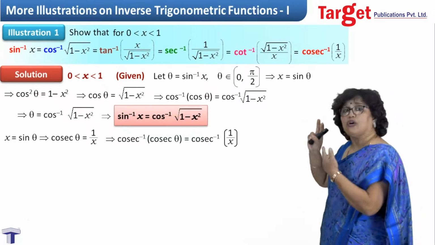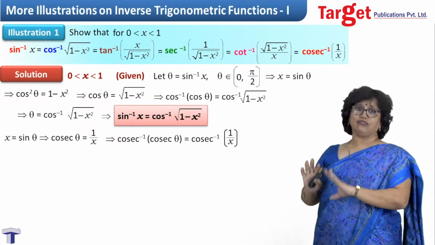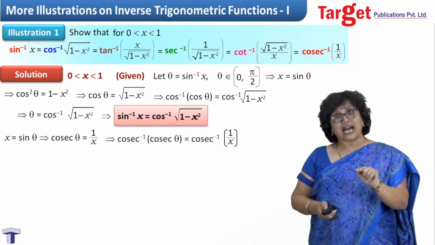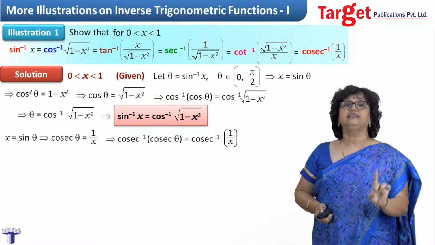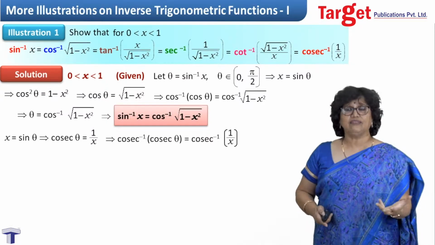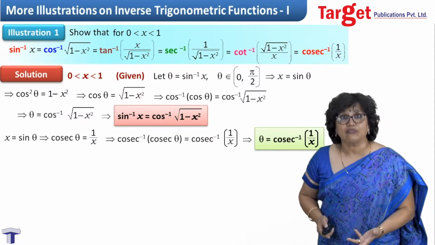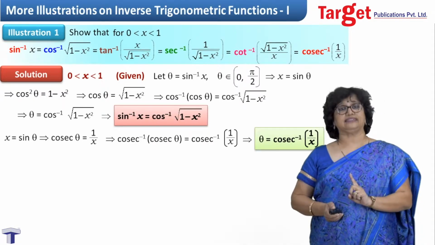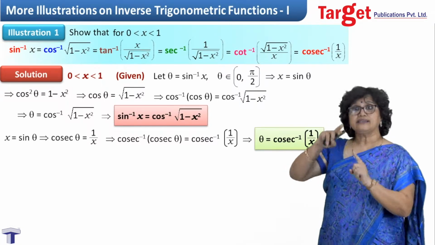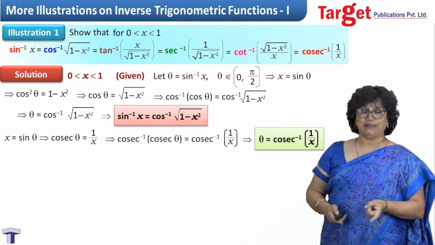So cosec inverse of cosec theta equal to cosec inverse of 1 by x. Now, before writing this as theta, make sure that theta is in the range of cosec inverse, and it is in the range of cosec inverse, and hence I can write theta equal to cosec inverse of 1 by x. And what is theta? Theta is nothing but sine inverse x. So we have proven sine inverse x equal to cosec inverse of 1 by x.